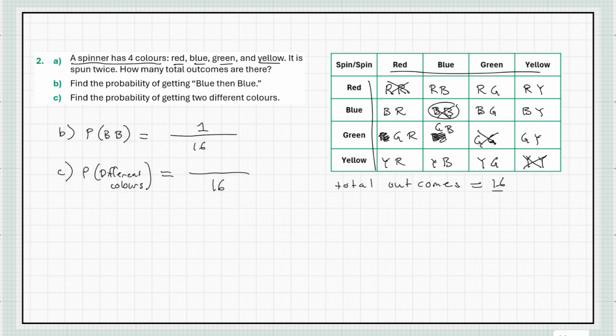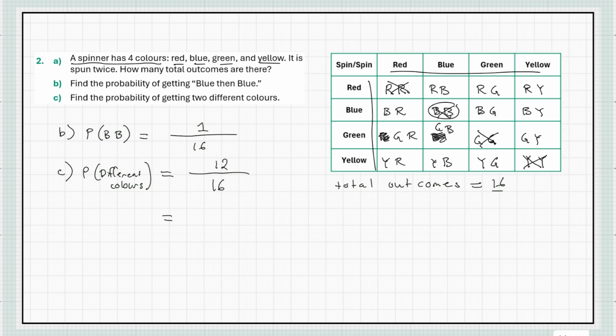So there are 4 outcomes where we get the exact same colors for both independent events. But everything else is going to be different. That means that we've got the first 3 here, or you can just say we take away these 4 from the total number of 16. So 4 away from 16 is just going to be 12. So 12 out of 16.